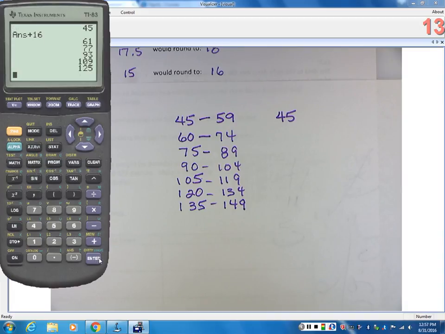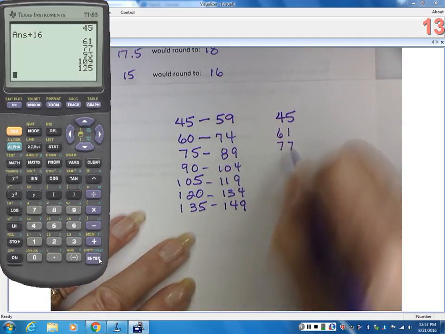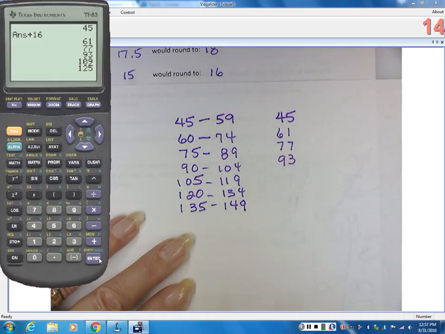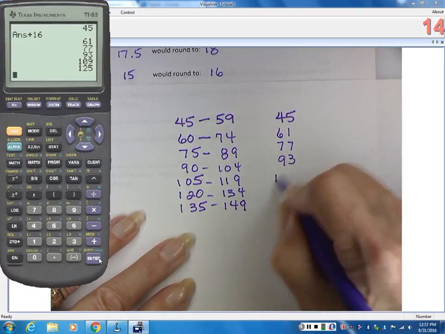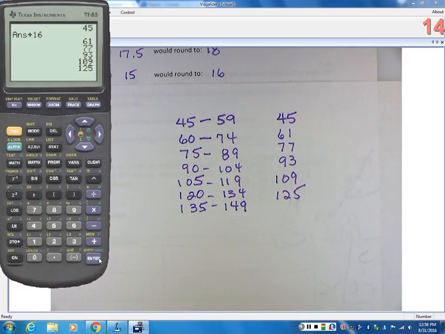So I go 45, 61, 77, and 93. And 109, and 125, and we need one more, so 141.